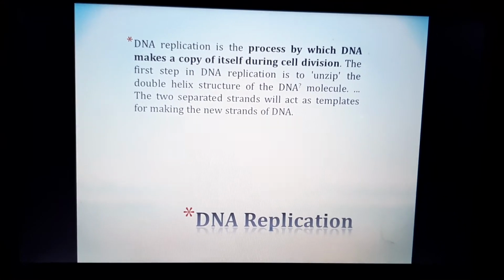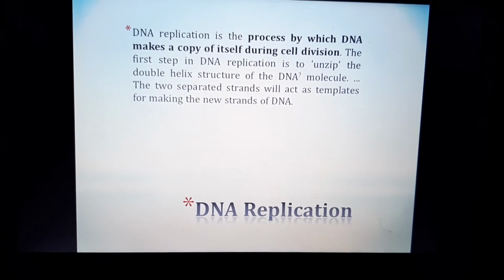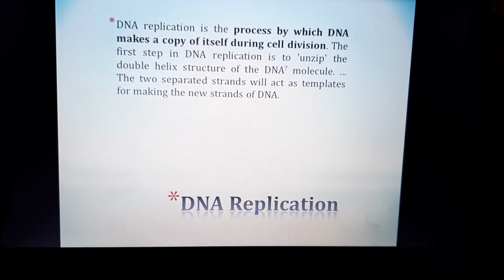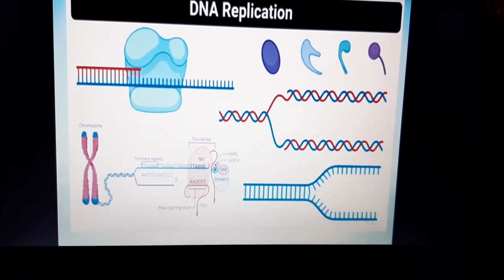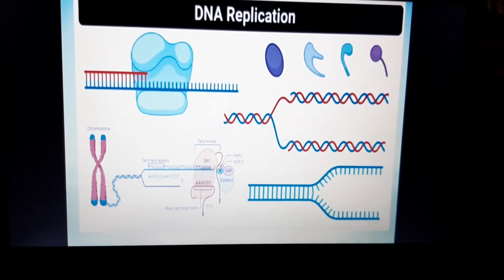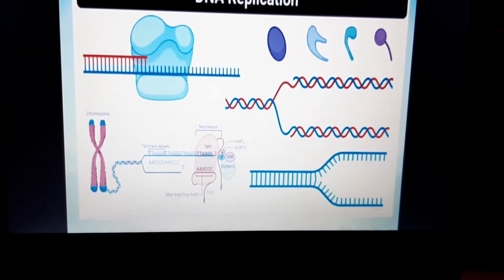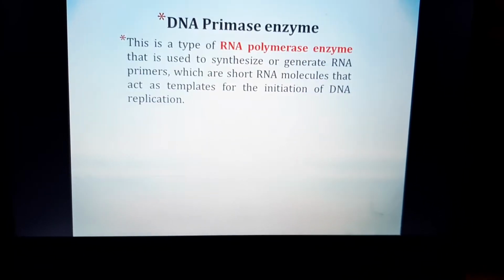The two separated strands act as templates for making the new strands of DNA. In short, DNA replication is the copying of cells. This image shows the parent DNA strand being used to synthesize, or copy, the new DNA strand.